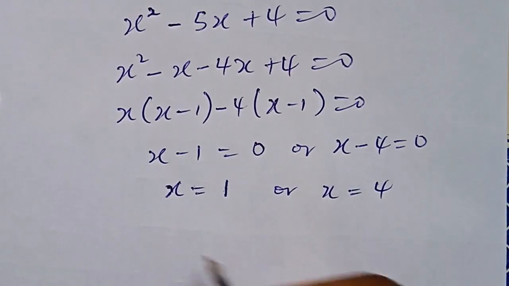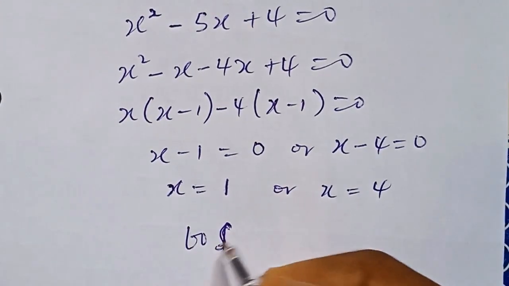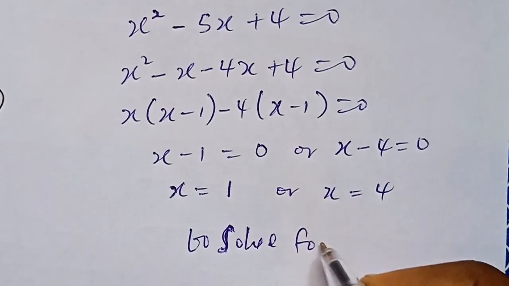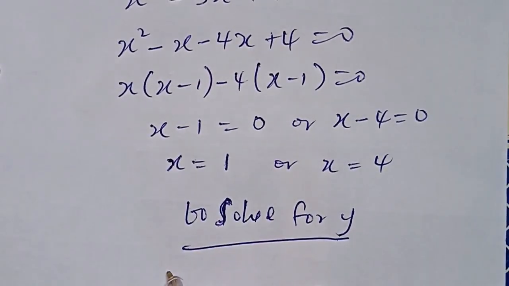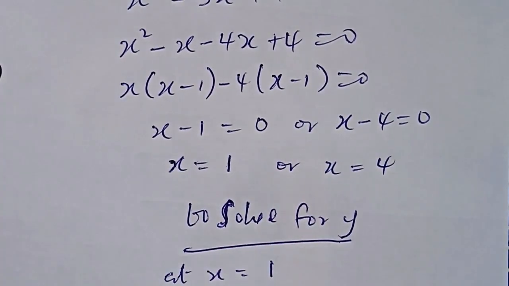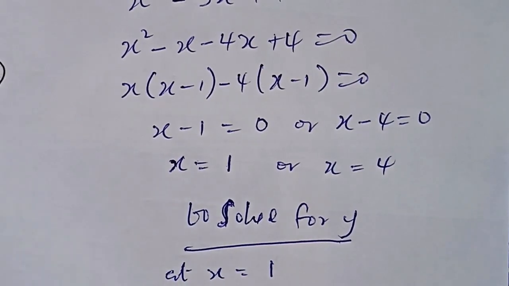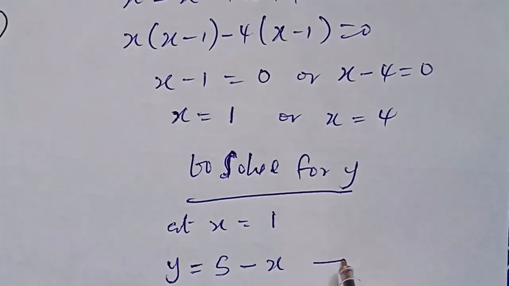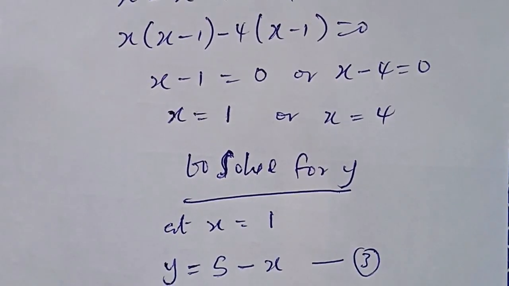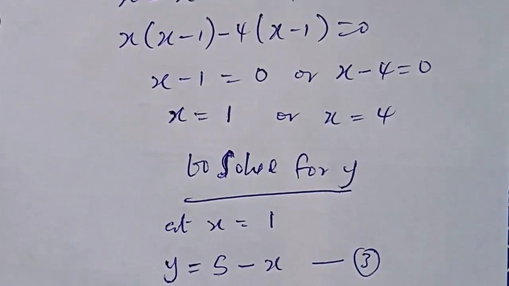Now we need to solve for y. At x equal to 1, we use equation 3, which is y equal to 5 minus x. So y will then be equal to 5 minus 1, then y equals 4.